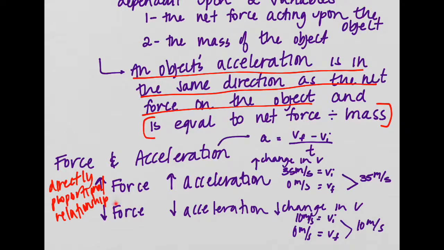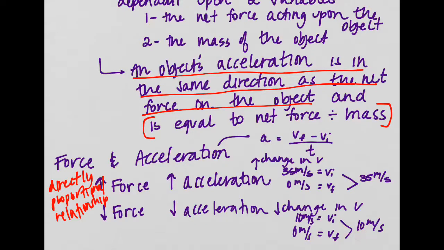But let's say when we just soft toss the ball, we're using a small amount of force. Let's say when we use this small amount of force, we throw the ball with only 10 meters per second. That's our initial velocity. And of course it comes to rest, so that's our 0 meters per second final velocity. This change in velocity is 10 meters per second. And again, let's say that the time is the same. Let's say that it takes 1 second. So that's 10 divided by 1.